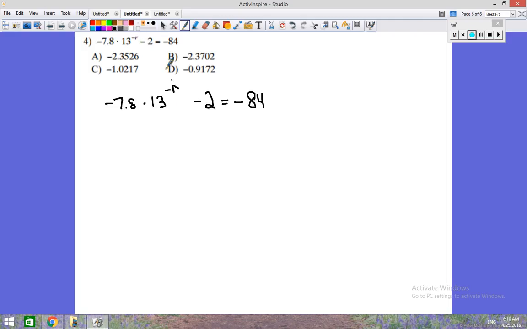The 13 to the negative r is the factor that eventually I need to get by itself. Alright, so first I need to get this term by itself by canceling the negative 2. The inverse operation of subtraction is addition, and to balance the equation we'll add 2 to each side.